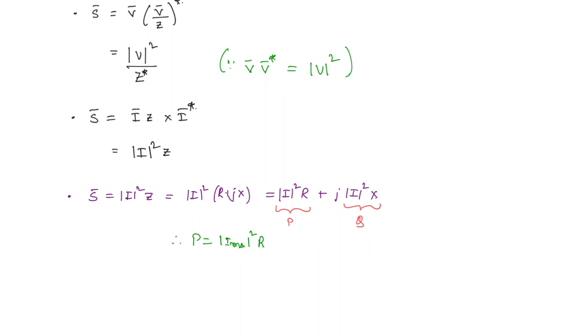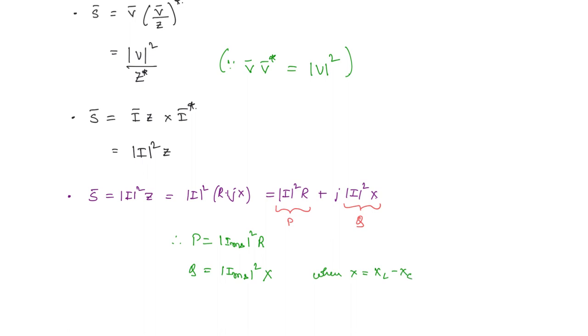If you are using the maximum values, then you will get a slightly different expression. And Q is equal to I RMS square X.